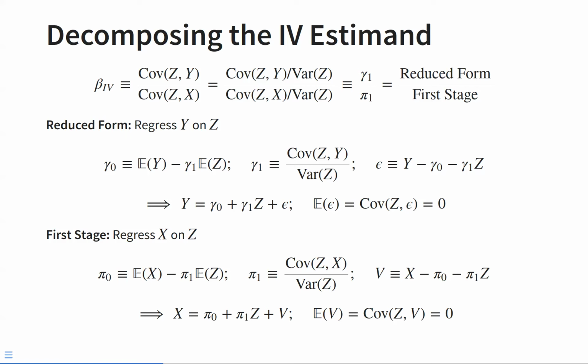Once I've defined them, then I can write that x is equal to pi naught plus pi 1z plus v. And again, that is a tautology. It is true by definition. Given the way I've defined all the terms, this relationship holds for free. And in addition, the expectation of v is 0, and so is the covariance between z and v.